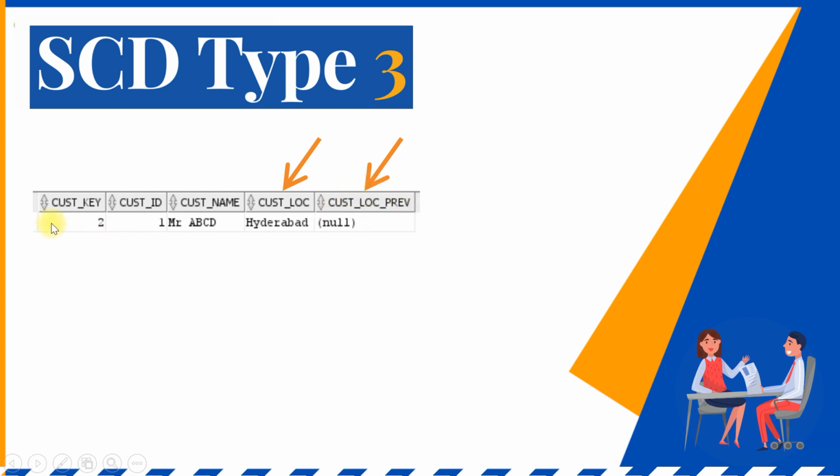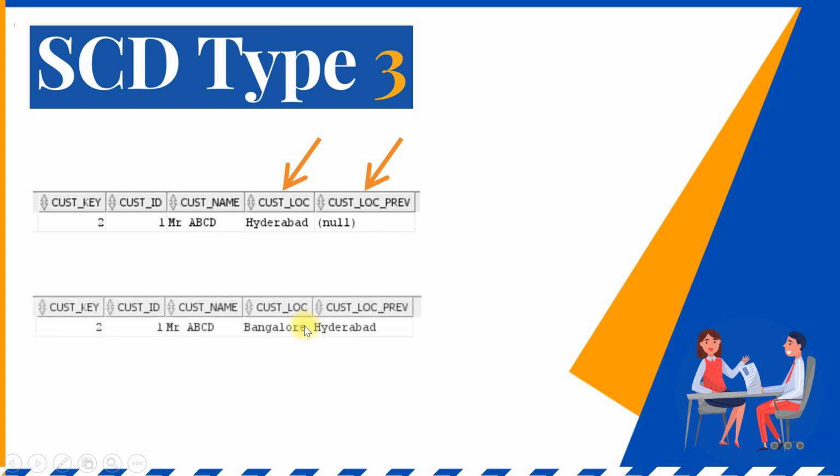What happens is, when a new customer is entered into the database, a first record is created with the actual customer location, and the customer location previous will be null for the very first customer entry. When you make an update to an existing location, the current location becomes the previous location, and the new location is stored in the main column.